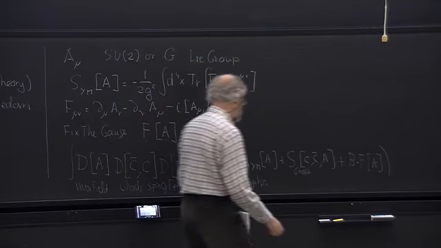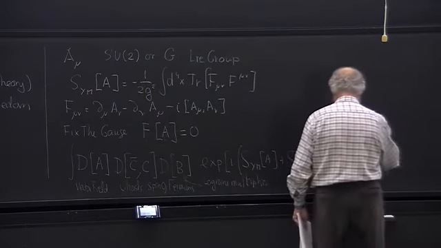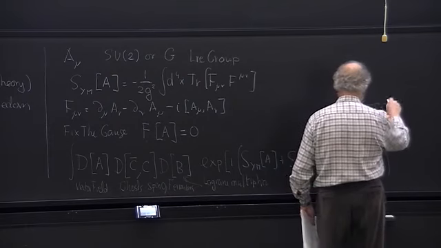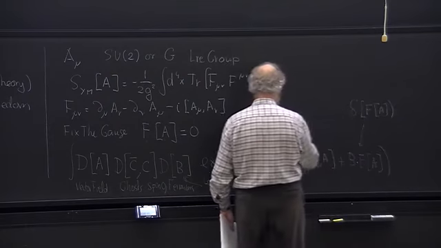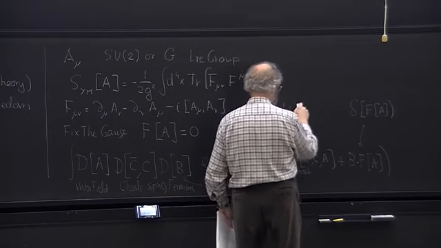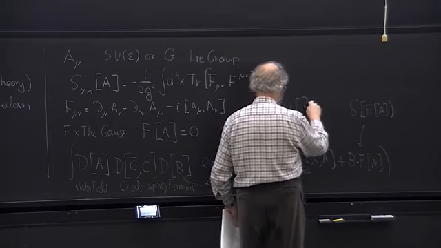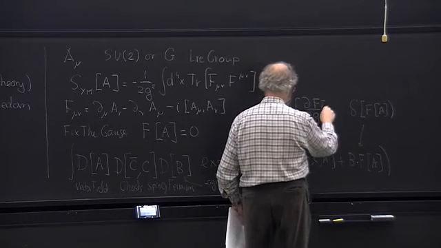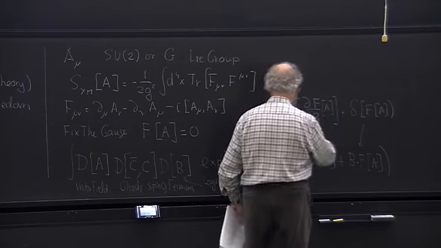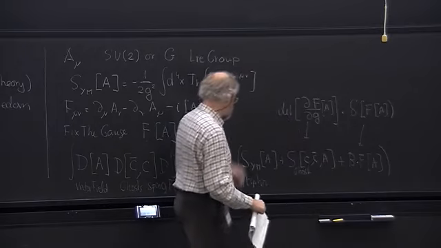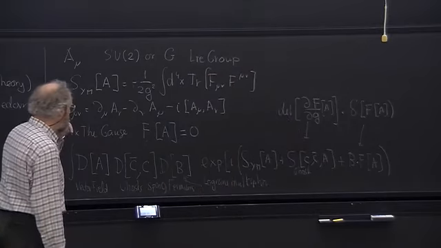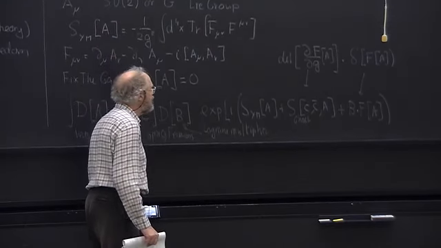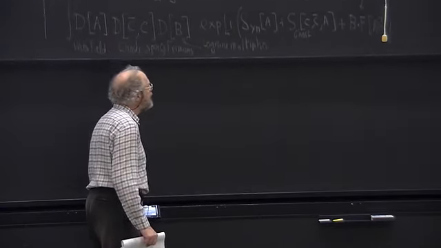So this represents the delta F of A, and this constructs the determinant of dF of a gauge transformation of A. So that this is one. Okay.